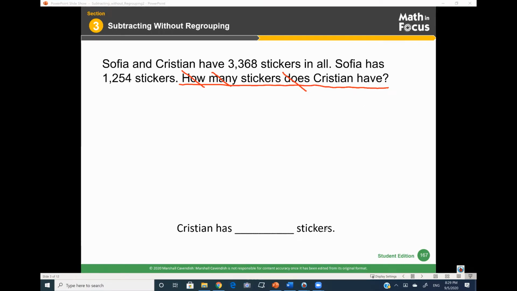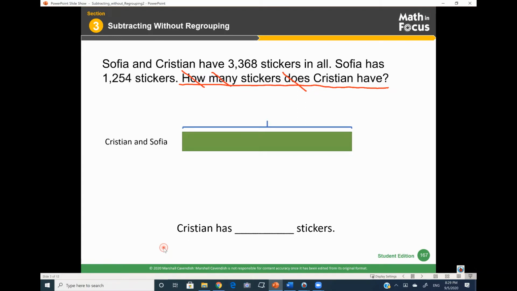Now let's think a little bit about the problem. The problem says that Sophia and Christian have together 3,368 stickers. So they have the whole stickers because they have all these together.